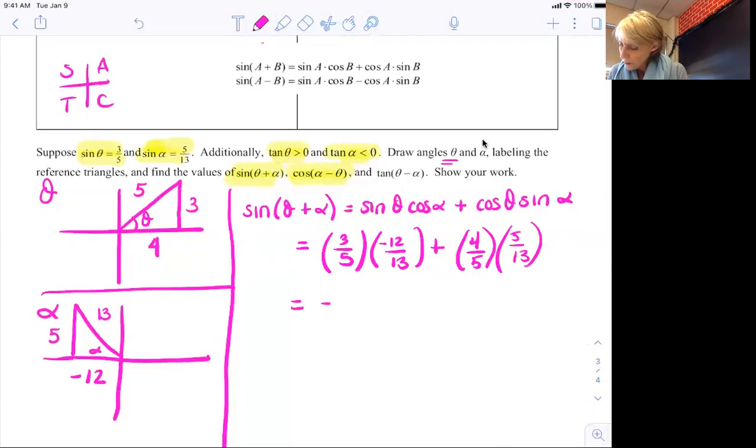And now we work through the rest of this math. Multiply across the top, across the bottom, and negative 36. Now I can combine in the numerator. I get negative 16/65.